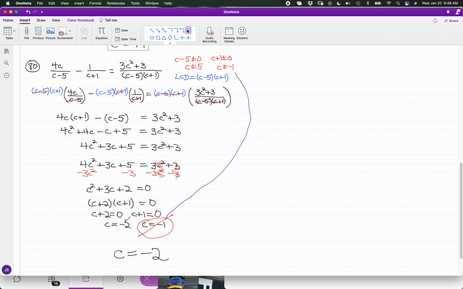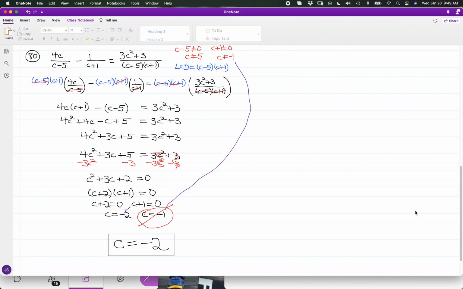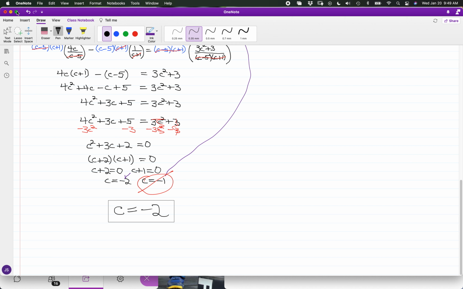Now, the next item is number 81, and I will tell you, we're going back to solving for the variable m, and this one is going to be very analytical. I thought I would throw this one in in case a problem like this somehow shows up in ALEKS.